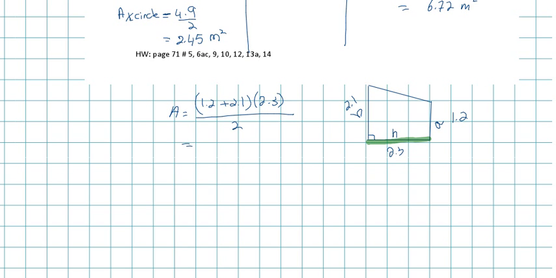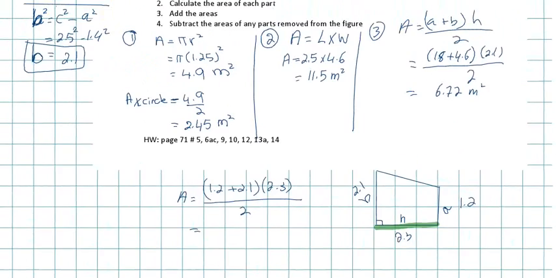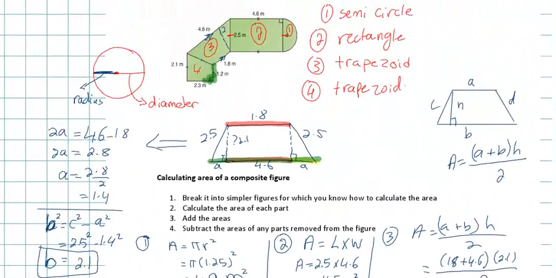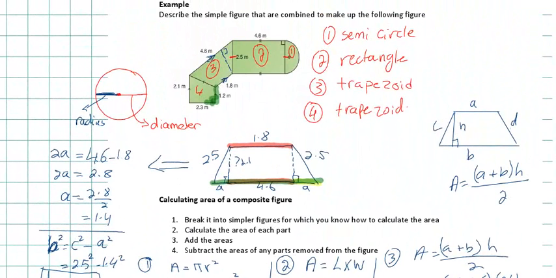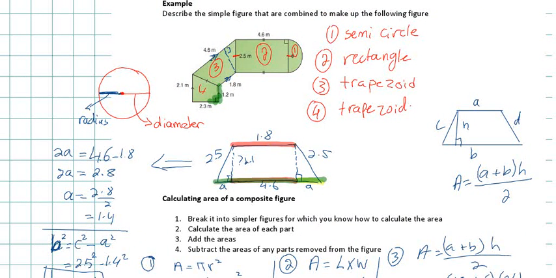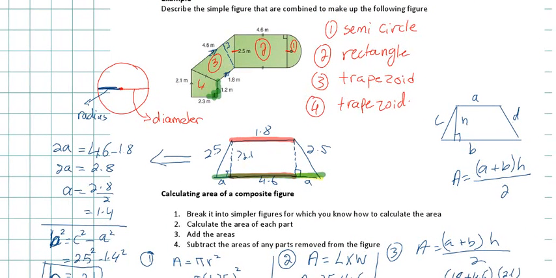How do you know this one is the height? Because it's going down at a 90 degree, and when you're talking about the height of the trapezoid, it comes down to the base at a 90 degree. How did you decide when you were looking at it that it wasn't 1.2 and it was 2.3?